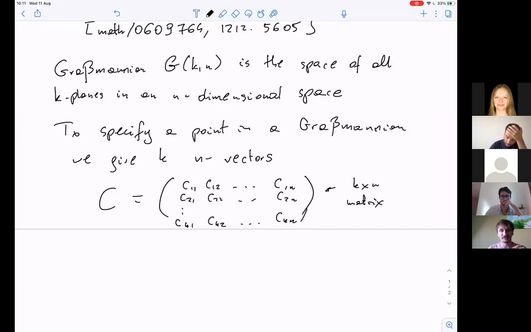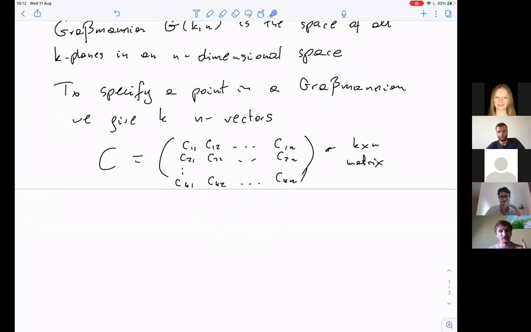I can go from one basis to another by performing a GL(K) transformation on this matrix. If I multiply from the left by a GL(K) transformation, a k by k matrix, I will get a different set of K n-vectors which defines exactly the same plane. So in order to talk about Grassmannians, I have to remove this redundancy. I need to make sure that there's one matrix corresponding to one point inside of the Grassmannian.